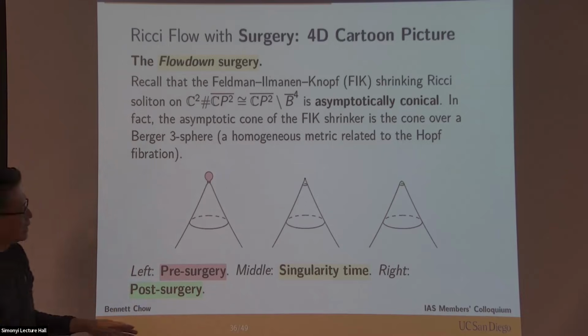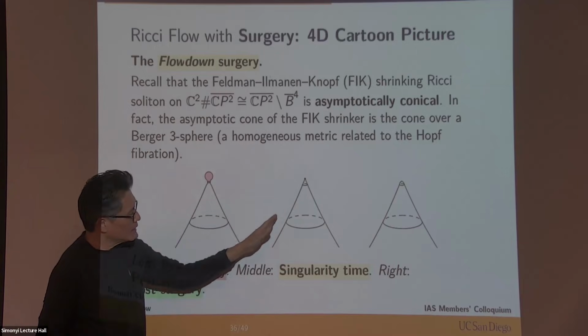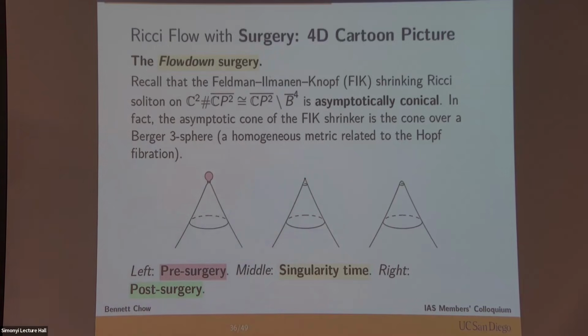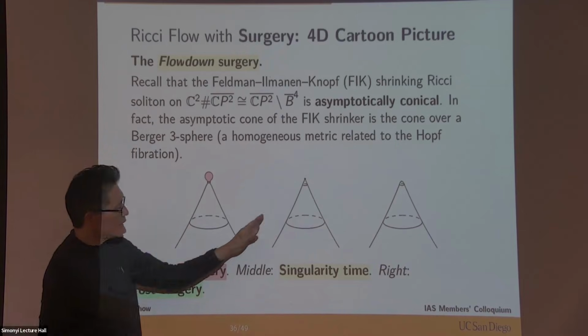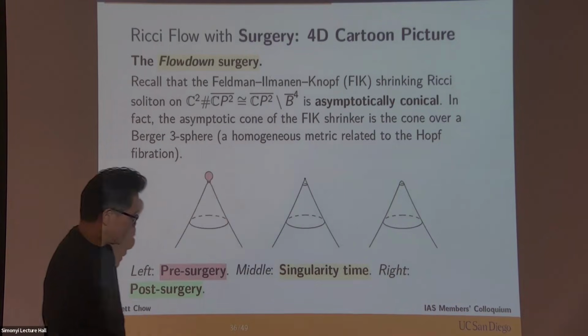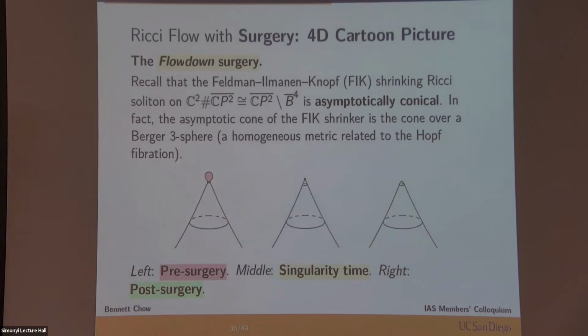Then at the singularity time, zooming in at the singular point, you see the asymptotic cones over a Berger sphere. The resolution of that would be expanding solitons. I haven't really mentioned much about expanding solitons, but that was the flip side of shrinking. And then there's one on C2 that would resolve that and effect a smooth blowdown.